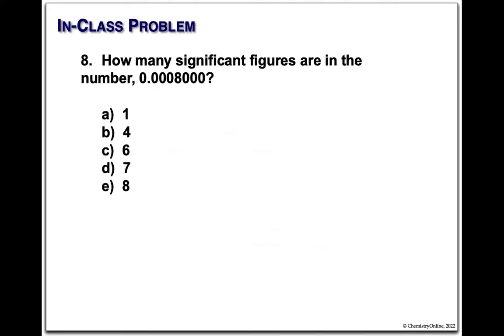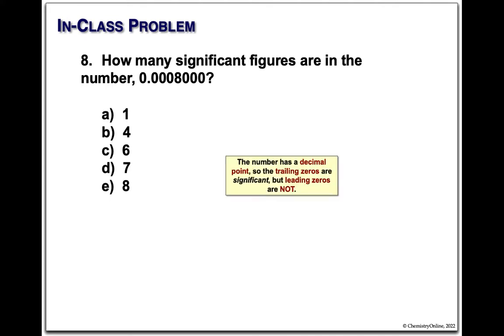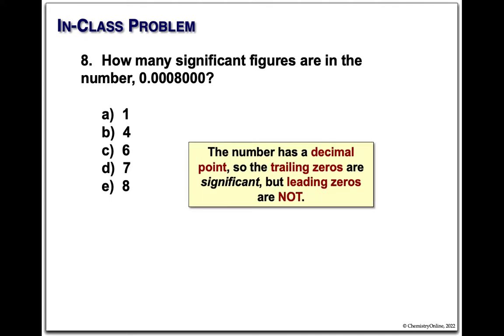Significant figures. Everybody loves significant figures. There's a number. First thing we do is we say, does this number have a decimal point? Well, yeah, it does, right there. That means that the leading zeros are not real, but trailing zeros are.